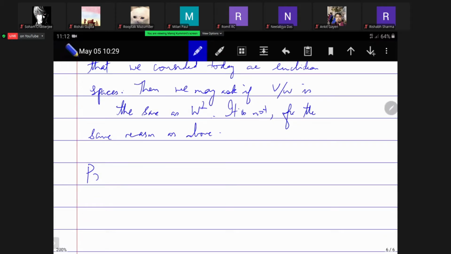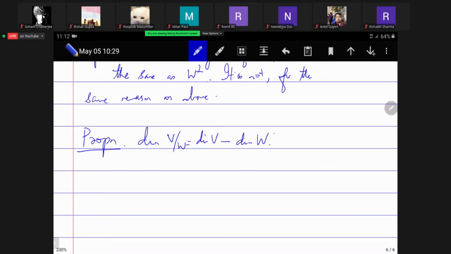Proposition: the dimension of V mod W is the dimension of V minus the dimension of W. The proof is relatively easy. We're going to prove this only for finite dimensional vector spaces.